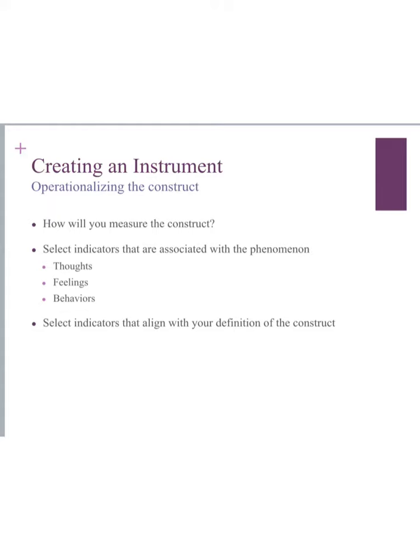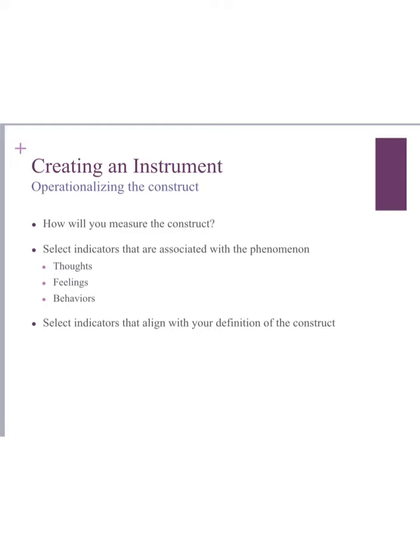So if you've defined therapeutic alliance as a positive, trusting, effective relationship between the therapist and the client, then you'll define indicators from there. So for example, a thought that might help you measure therapeutic alliance might be, I think my therapist is helpful.